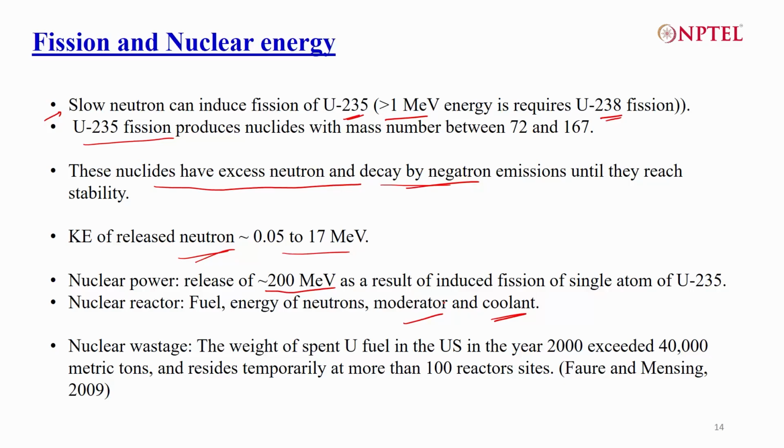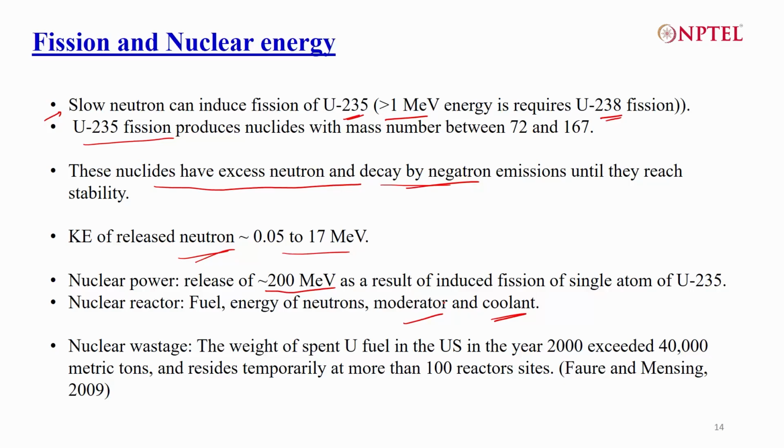But the concern with this nuclear energy is the amount of nuclear waste that is created. Although it can give a huge amount of energy, it can introduce a lot of radionuclides to the ambient environment. To give some numbers, the weight of uranium fuel used in the US in one single year, let us say 2000, exceeds 40,000 metric tons.